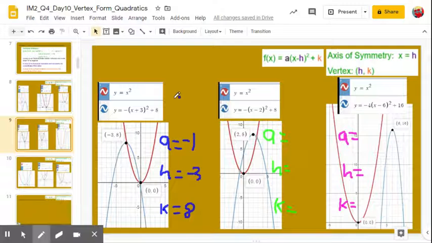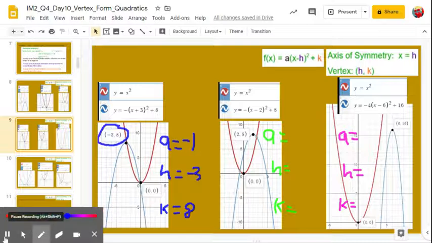So name that vertex: (negative 3, 8). There it is, (negative 3, 8). What does the negative 1 do? It reflects it over the x-axis. So this parabola is opening down, but it has no stretch, no compression.